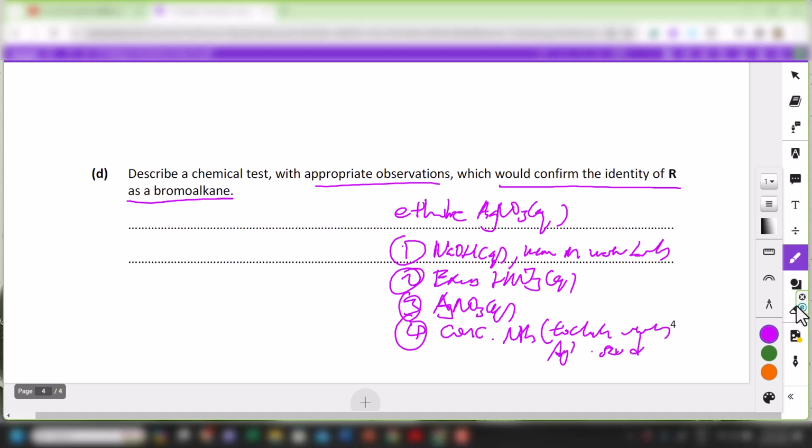You can't really confirm that it's silver bromide, because sometimes when you do not have the white precipitate and the yellow precipitate side by side for comparison, you might not be able to tell that it's cream, especially since most of us are not so experienced because we don't look at them every day. So I think the fourth point, concentrated ammonia to see whether the precipitate dissolves, is a very helpful point to ensure that you know what's going on.